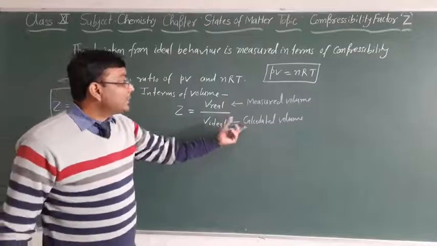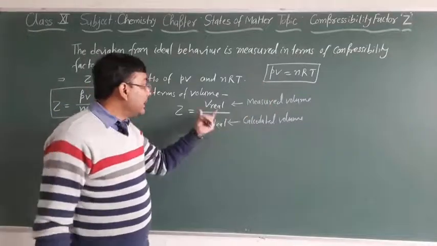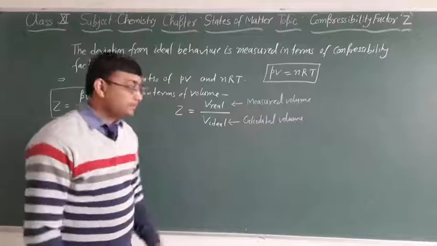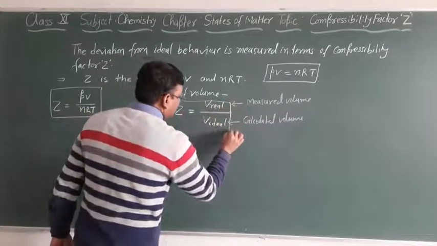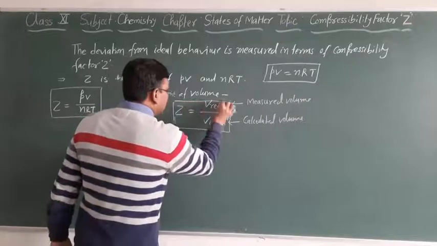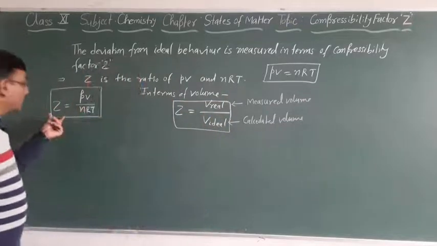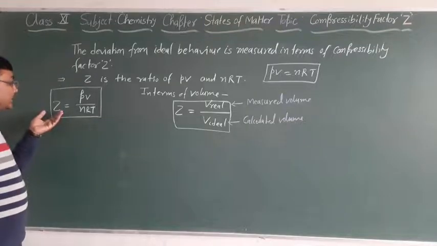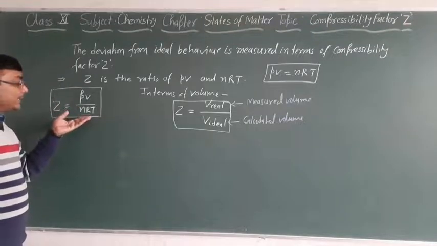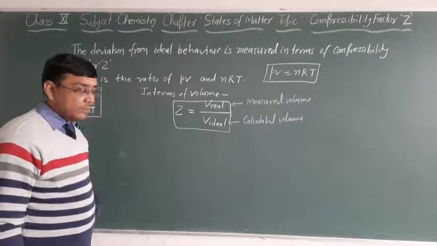So V ideal is calculated from the ideal gas equation, and V real is measured practically. So these two equations we have, Z with reference to PV and nRT, and Z with reference to the volume.